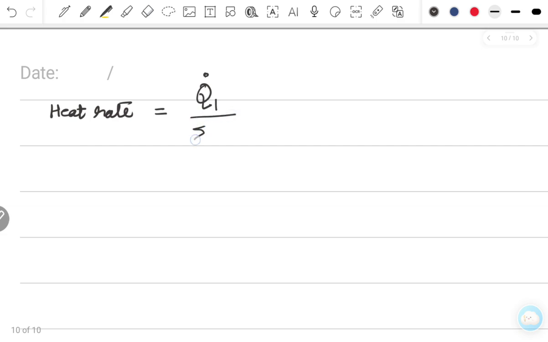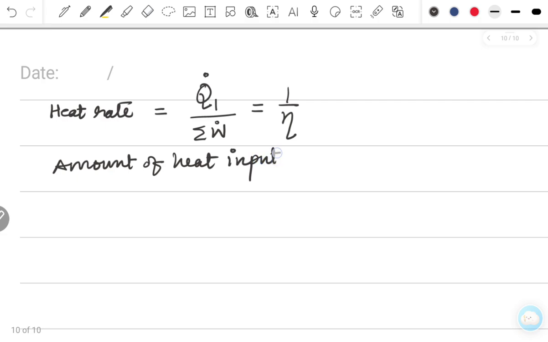So this is net work. If you look at this closely, this is nothing but the inverse of efficiency. I can write this in words: the amount of heat input required to generate unit work output. Here, work output means net work output.